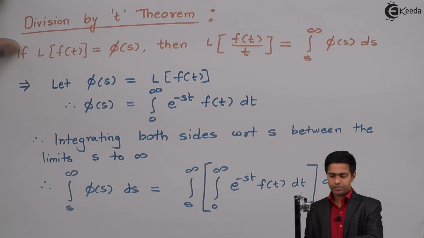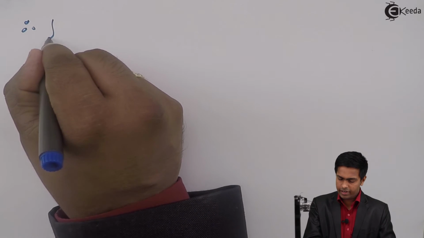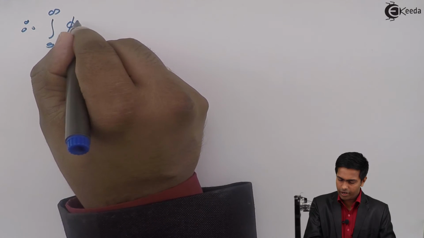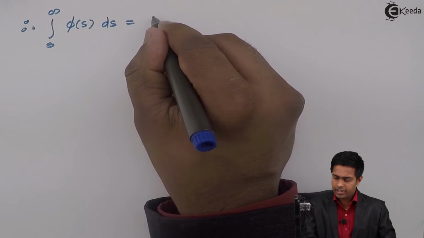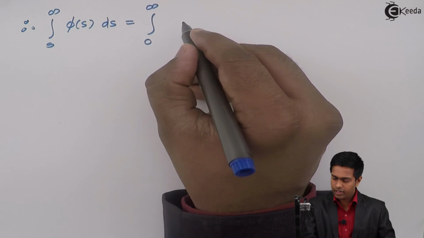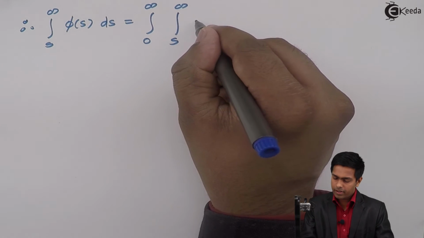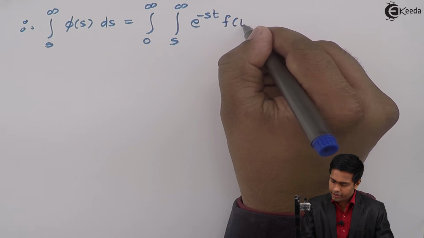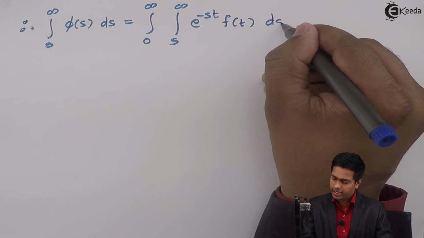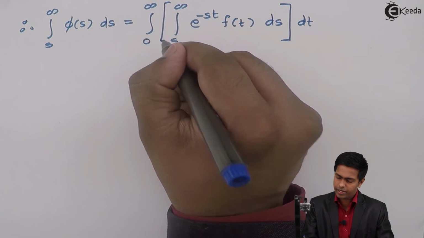So we'll get integration s to infinity phi of s ds as it is. By interchanging we'll get 0 to infinity outside, s to infinity inside, e raised to minus st f of t, then ds inside and dt outside. So we have interchanged the limits.